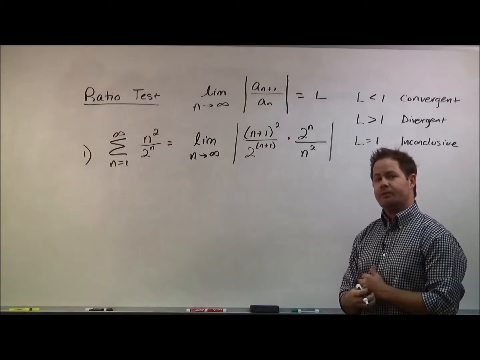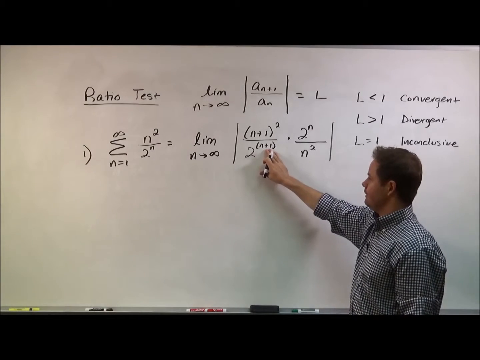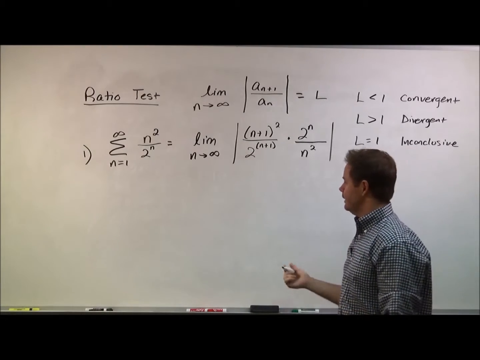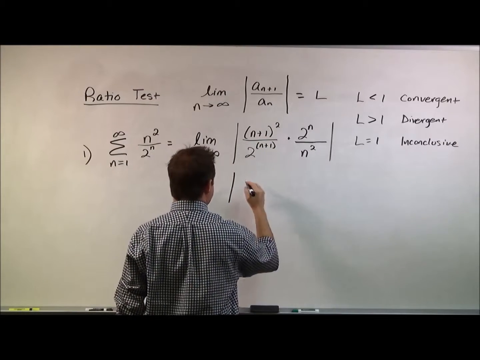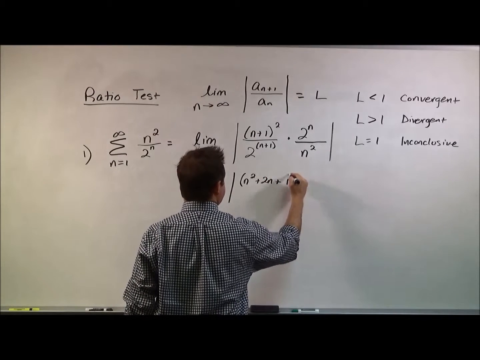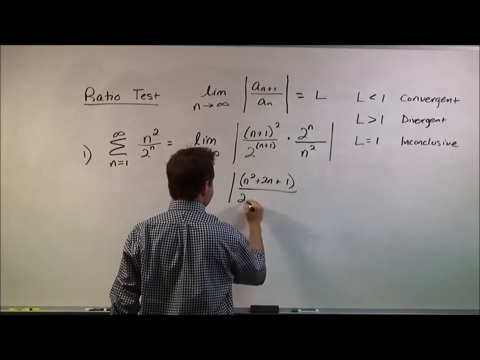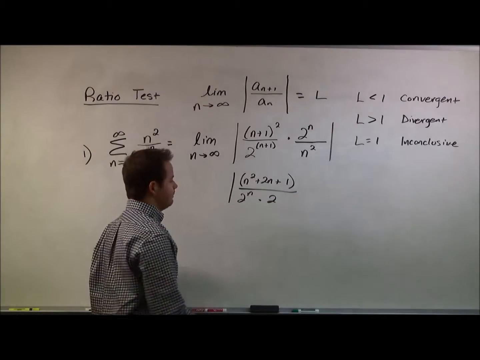Now, it's really important when applying ratio tests that we know our exponent rules very well. So in this case, if you have n plus 1, you can split that up. And I'm going to write out the steps for that here. But this will basically, when we FOIL that, you'll get n squared plus 2n plus 1 over, and this is going to be 2 to the n times 2 to the first, which is just times 2.